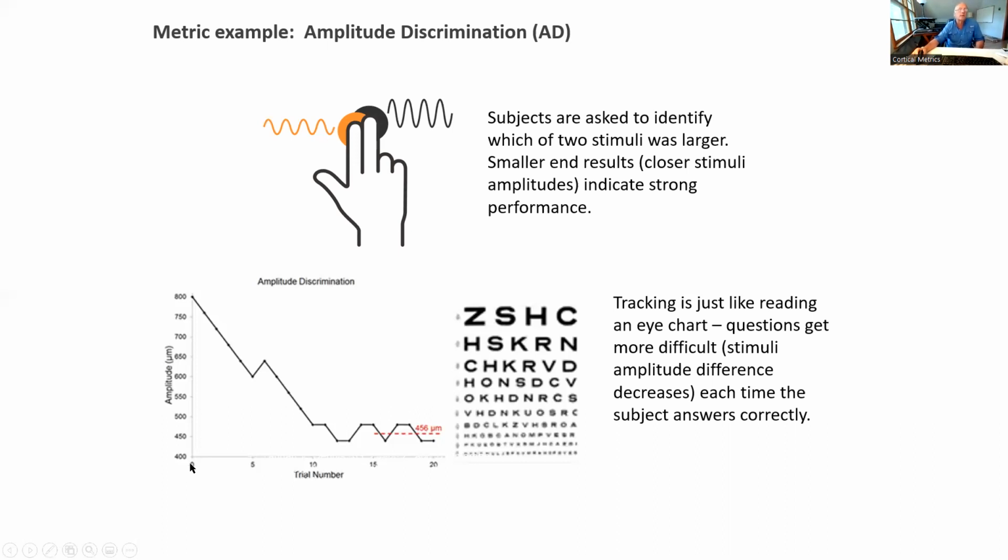Their final value was 200 versus 225, and their DL was 25. In this case, this was 456 versus 400, or 56 over 400. That's a little bit over 10%. Very straightforward, and people generally track down fairly well.